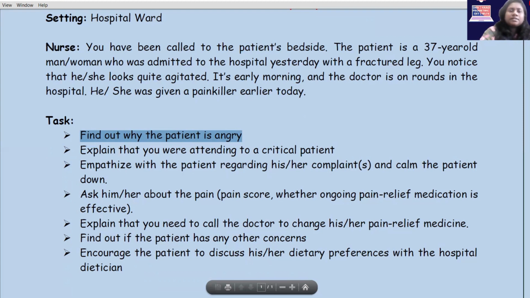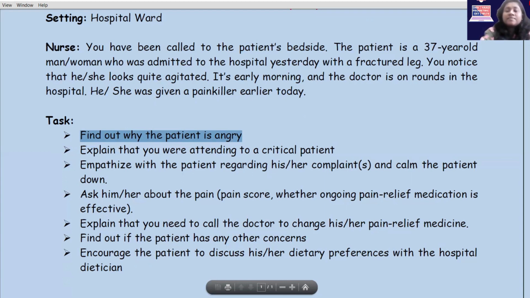Here, the candidate should exercise a reflective listening skill to acknowledge or validate the patient's concerns, to demonstrate an understanding of the situation. This can be done by repeating or paraphrasing, or reflecting back what the patient responds.